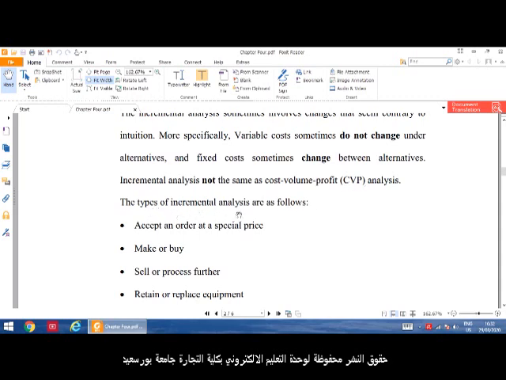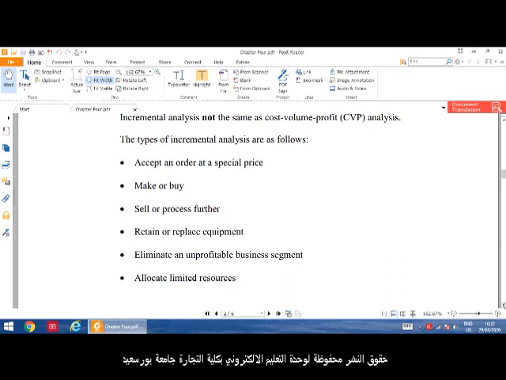The types of incremental analysis are as follows. We have six types. The first type, accept an order at a special price, which is less than the normal price for the product of the company.